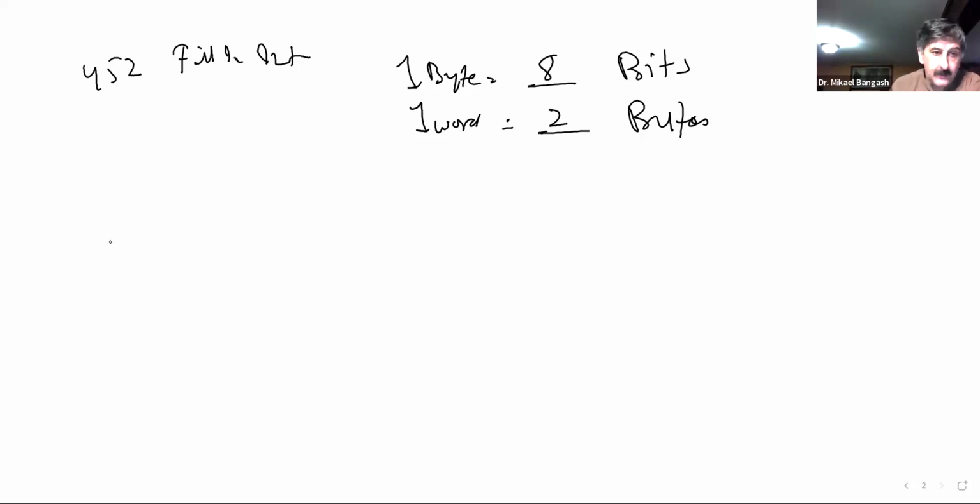Had it said that 1 word is equal to dash bits, then the option would have been 16. Did you guys get that?